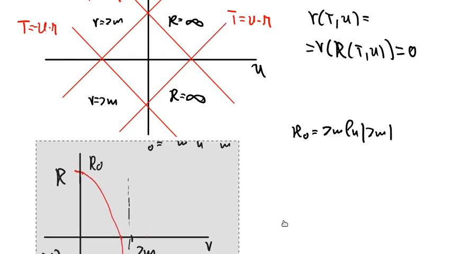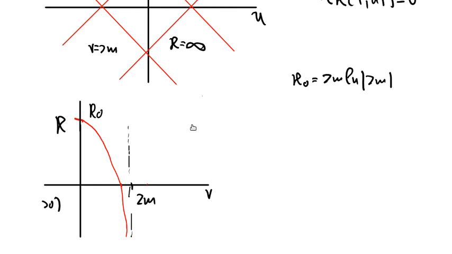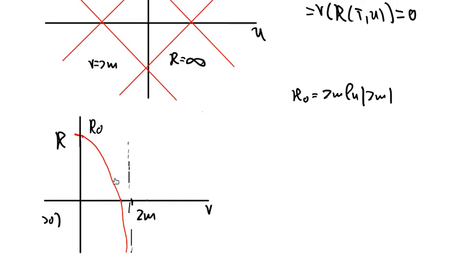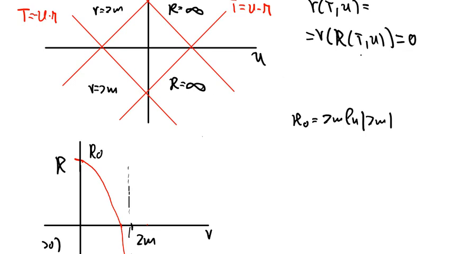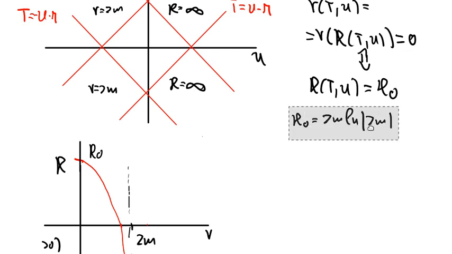So you have the graph, and if small r is equal to 0, then we see that big R is equal to r naught. So we conclude that this condition is equivalent to the condition big R tilde equal to r naught, where r naught is this constant value.